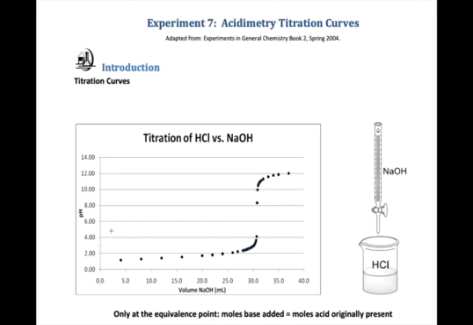Then as we add base, it will level off, and it'll have a level region of the titration that will be related to its pKa. When we get close to the end point, the pH will likely be higher than pH 7 at the equivalence point, but it'll have a steep place, and we can find the volume that it takes for a complete reaction, even for a weak acid.